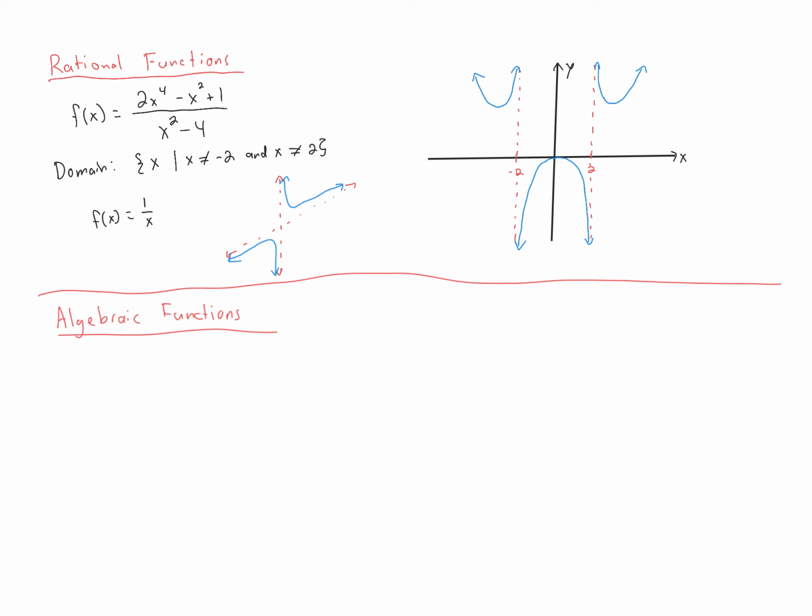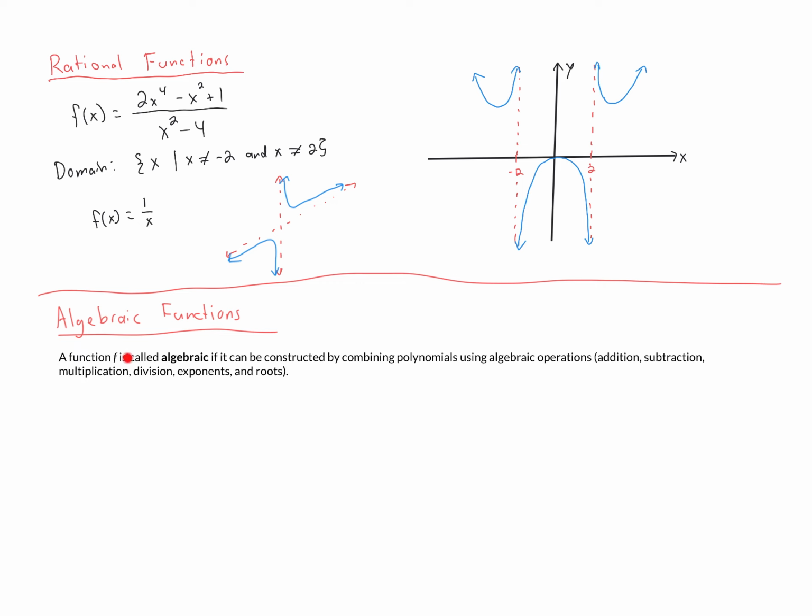I'm going to give you the definition of an algebraic function. A function f is called algebraic if it can be constructed by combining polynomials using algebraic operations, meaning addition, subtraction, multiplication, division, exponents, and roots.